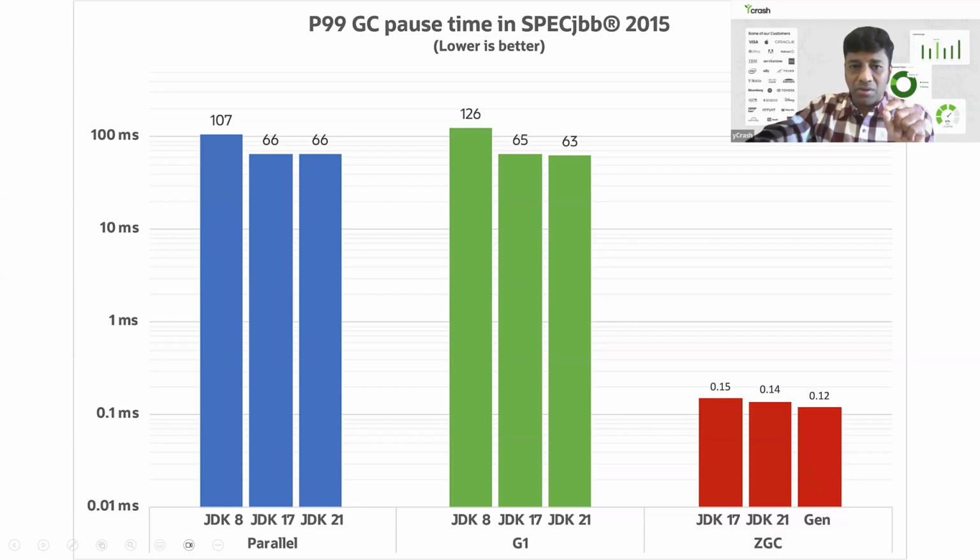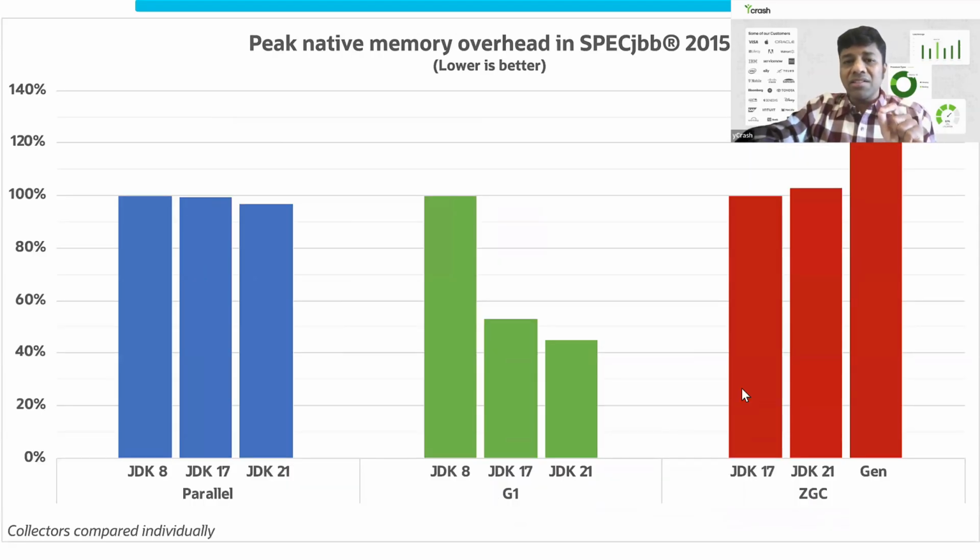Okay. Now this is the footprint. This is the memory overhead. What is the footprint overhead of each algorithm? If it's lower, it is better.